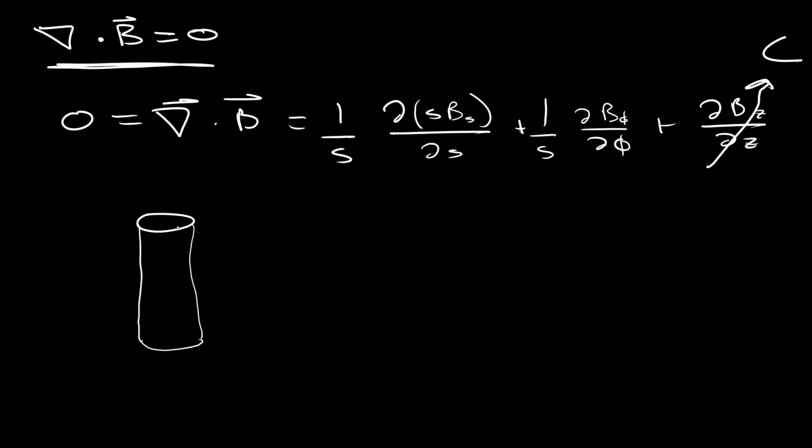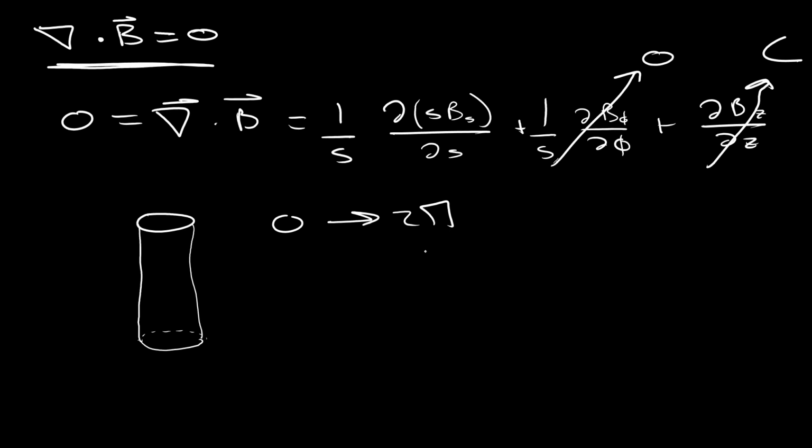If we draw a simple cylinder like this, we know that the phi component of this is going to go from 0 to 2 pi if it's a full cylinder. Okay? And if we think about our unit circle here, 2 pi and 0 for any angle that we give is going to give the same value. So there should be no change in phi, all right? And so based on that, this term has to go to 0.